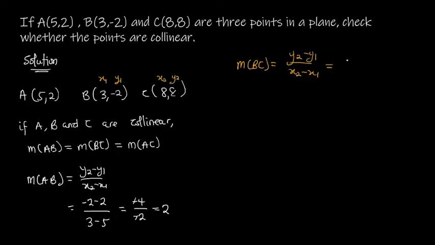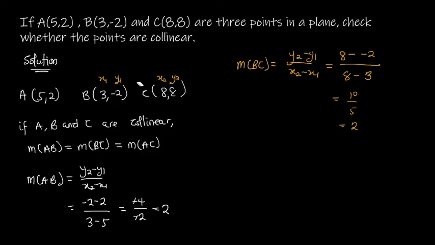So this is equal to my y2 is 8 over here, as you can see, minus my y1 is -2, on my x2 is also 8, minus my x1 is 3. So at the top I'm going to have 8 plus 2, and that will give me a 10. On the bottom here, 8 minus 3 will give me a 5, and 10 on 5 will give me 2 as my answer.